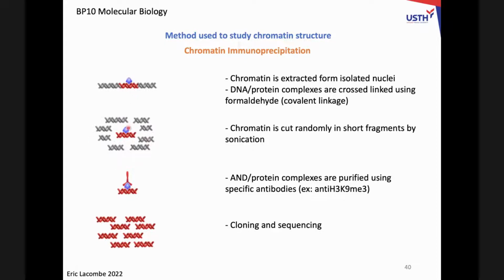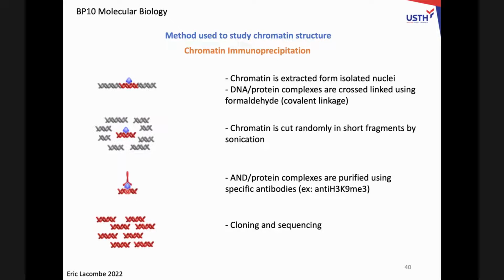Not all the fragments will carry the protein, but if we have an antibody specific to the protein, we can separate the fragments containing the protein from the fragments that do not contain it. It's a simple immunoprecipitation, but we precipitate chromatin, that's all.